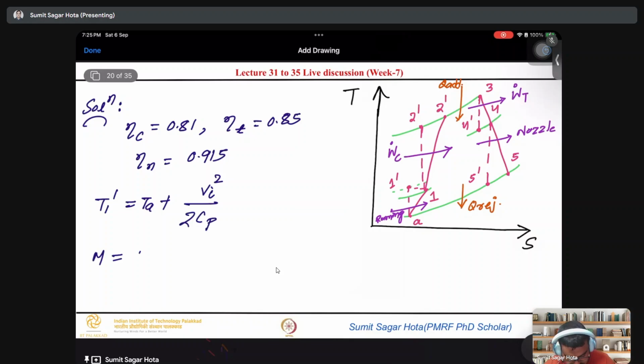Mach number is equal to 0.6, which is V1 divided by square root of gamma R TA.